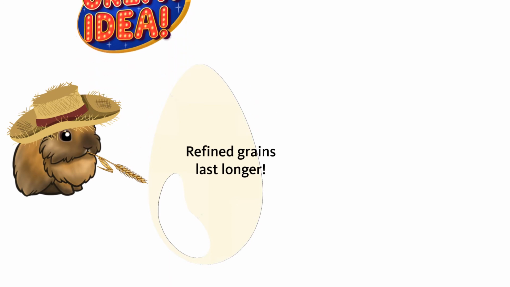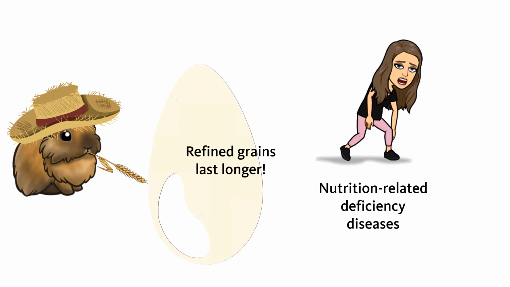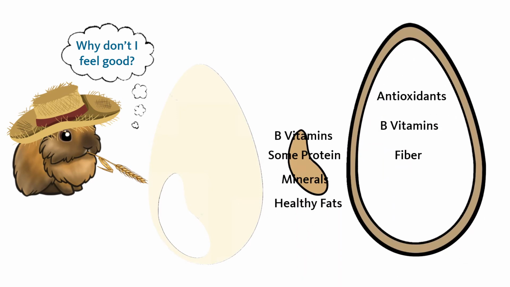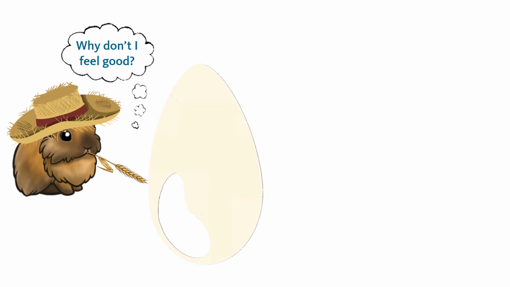But soon after, as people began eating only refined grains, they started developing nutrition-related deficiency diseases. Why? Well, remember all those nutrients found in the bran and germ? When we take away these 2 parts, it turns out we are also taking away all the nutrients and health benefits that come with it.